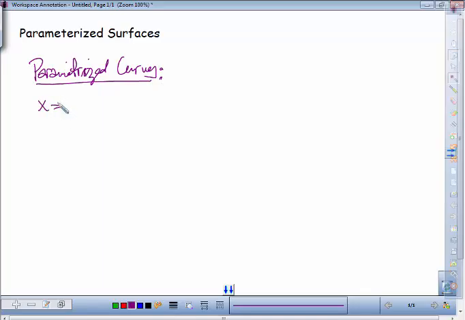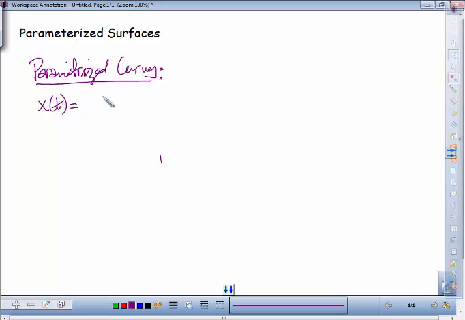So the way we do a parameterization for a curve is that we have one variable, t, that does something to an x function and a y function, and based on that it'll draw something out. It'll give us values for x, values for y, as one parameter t changes.